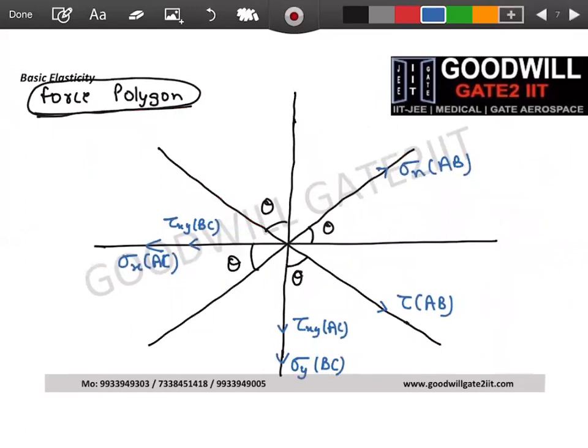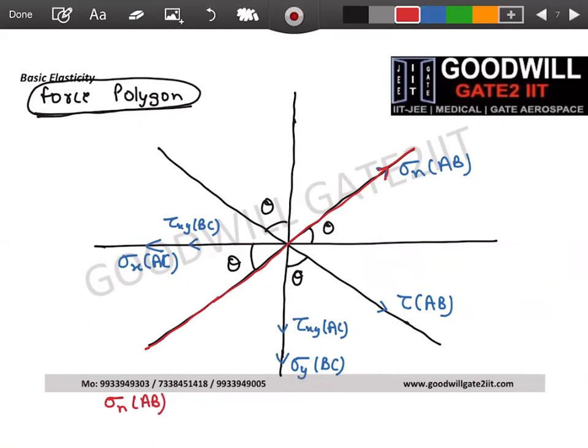Now what we're going to do is, please help me. I'll write this equation now itself. Resolve all the forces in this direction. So my first derivation is resolving forces in this direction. All right. So what is the first force? Sigma n into AB. This is one force.